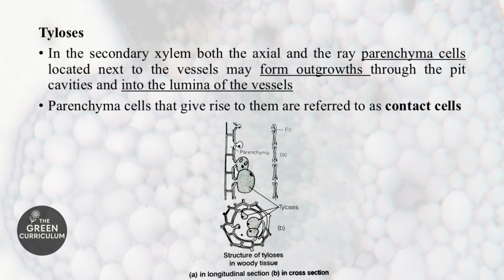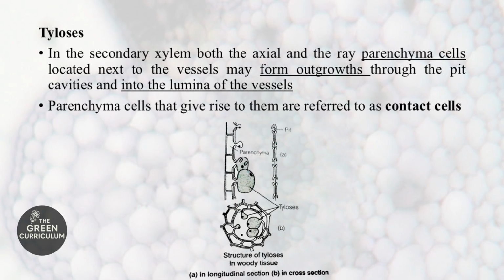Another term which you have to study while learning about xylem is tylosis. Tylosis means the outgrowth of parenchyma into the vessel lumen; that outgrowth is known as tylosis. The vessels are in close contact with axial and ray parenchyma.